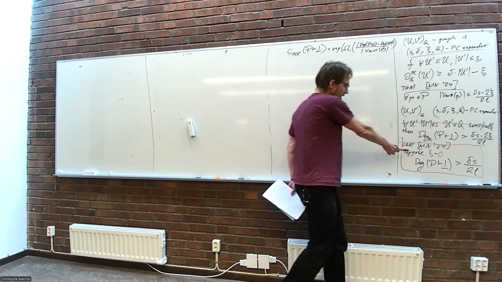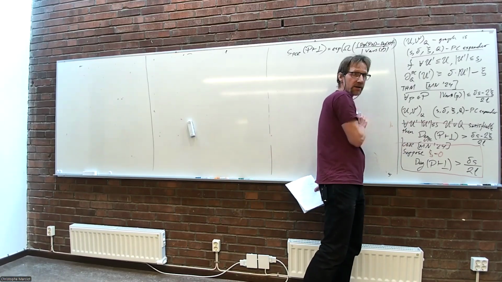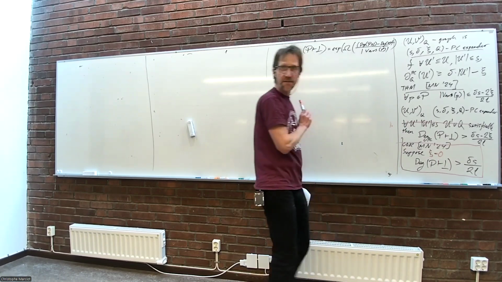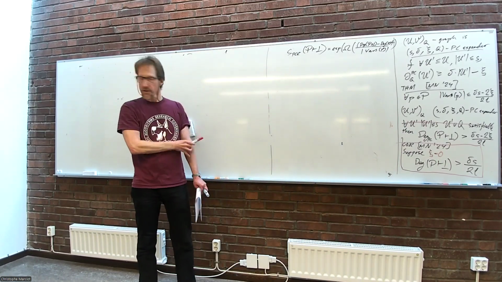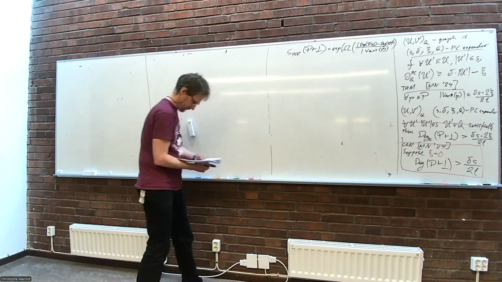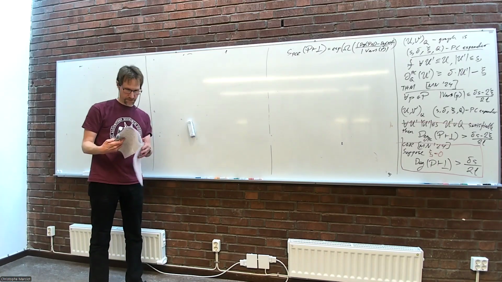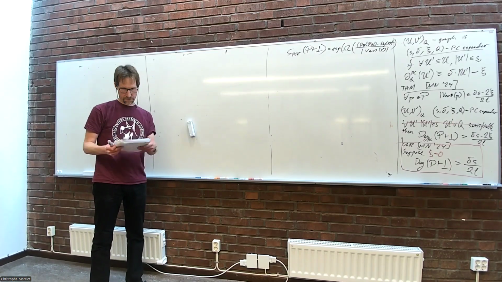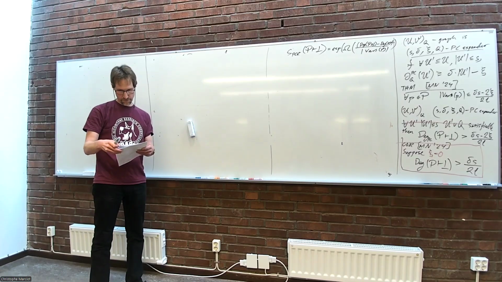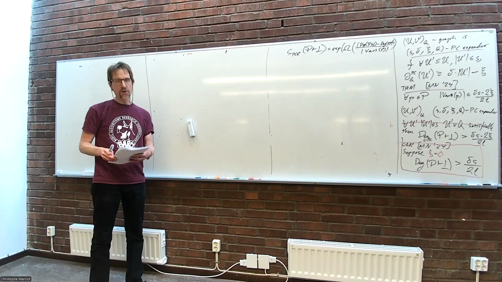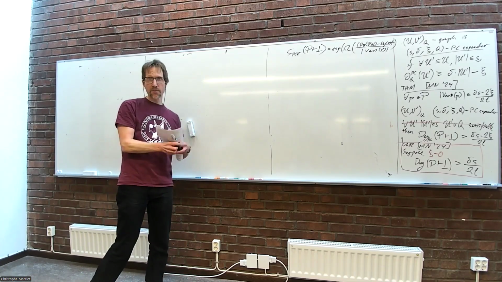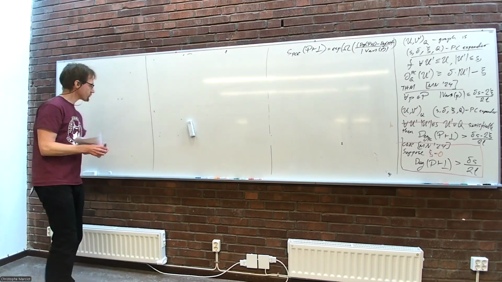Today, we're going to build motivation for why this might be a worthwhile theorem to prove. Does this make sense? Any other questions so far? Okay. So let's now use this to prove some lower bounds.